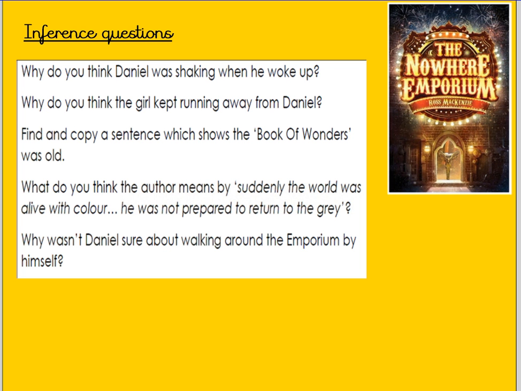What do you think the author means by "suddenly the world was alive with colour, he was not prepared to return to the grey"? Why wasn't Daniel sure about walking around the Emporium by himself? I'll give you a chance to pause now, make a note of those, and think about what those questions are asking you to look out for.